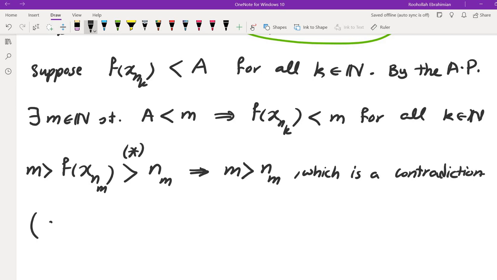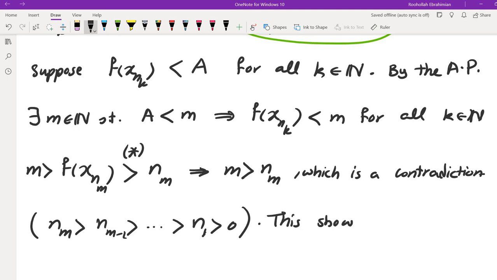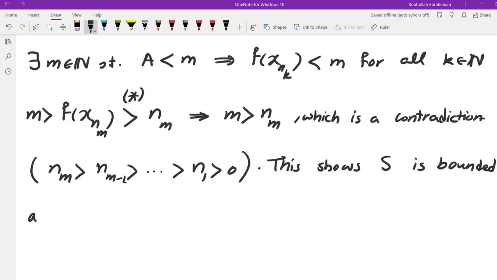Because n sub m is at least the mth positive integer, so it cannot be less than m. So this is a contradiction. And this shows S is bounded above.